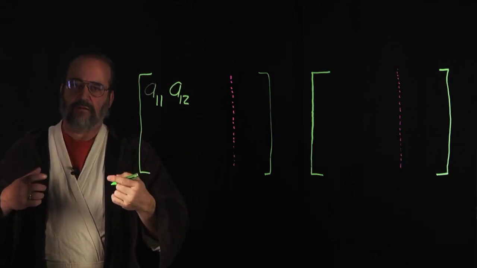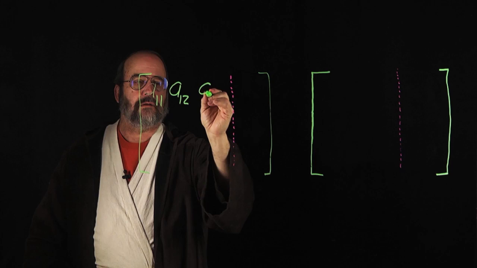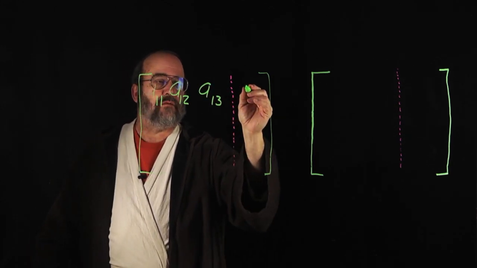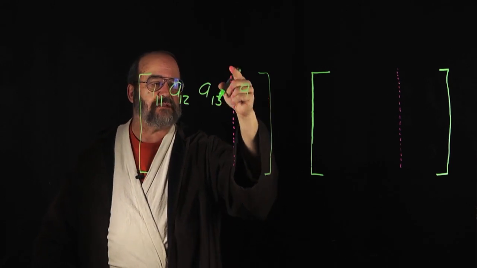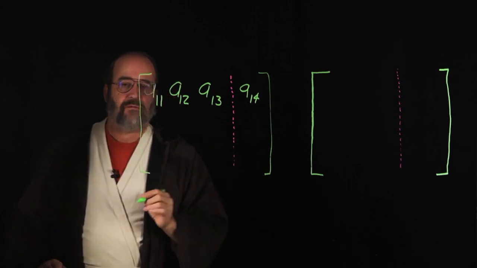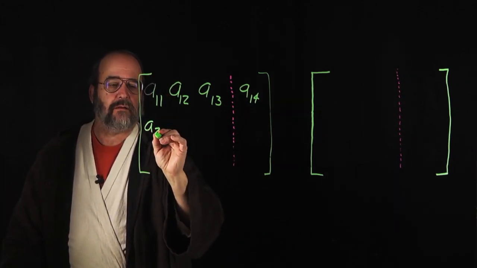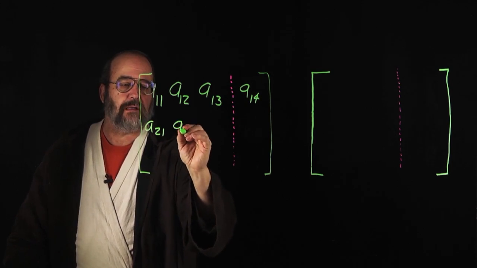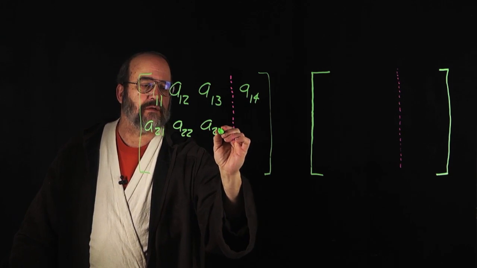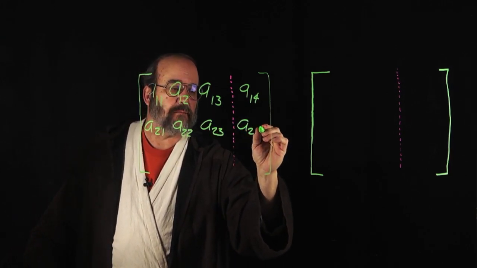You're going to need to know these for your calculator, because that's how we put numbers into the calculator. The last one here is a1,3, and over here, even though it's across the dotted line, it still is a1,4. Then the second row, a2,1, a2,2, and a2,3. Row always comes first, and then the column comes next.